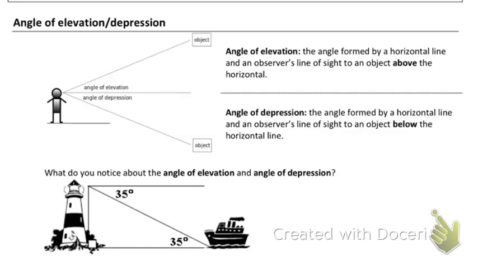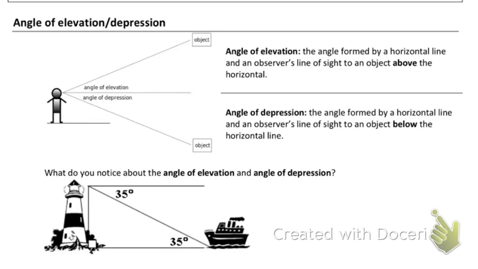All right, before we get into the word problems, we're going to have two new words that we have to look at. Well, really just one new word, and that is the angle of elevation / depression. But there's a difference between angle of elevation and angle of depression. So the first one we're going to talk about is angle of elevation. To me, elevation means how high something is up. So it is moving up.